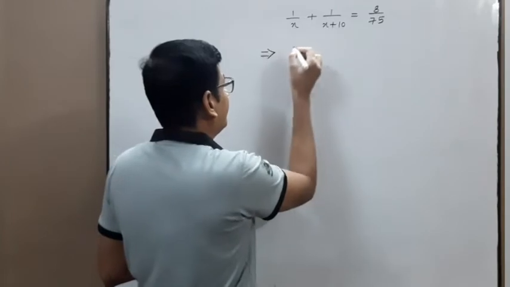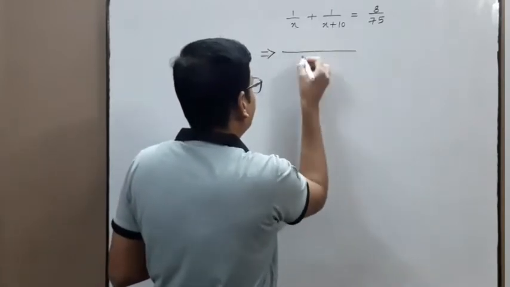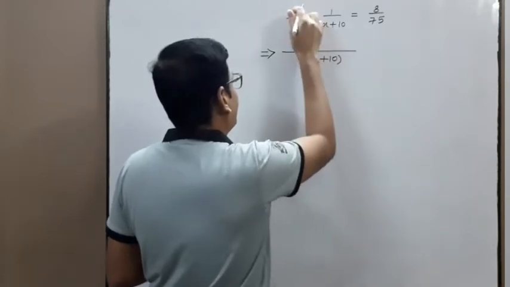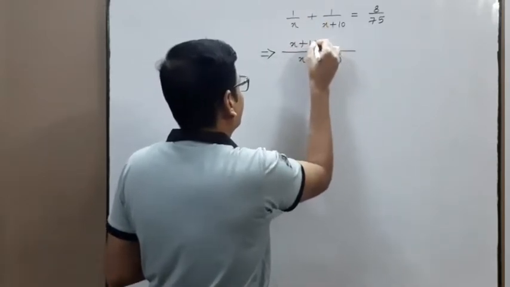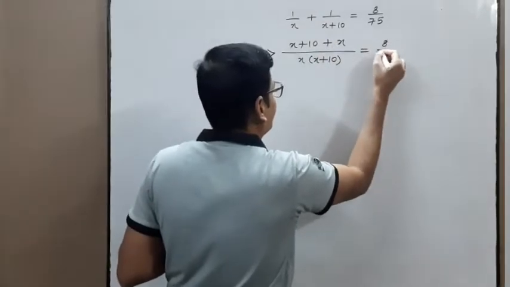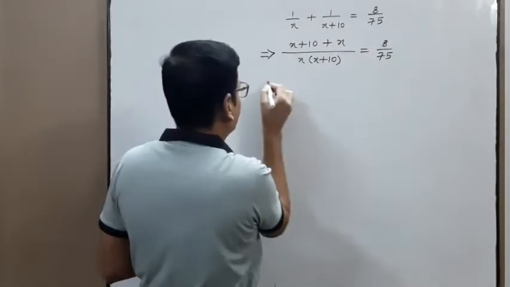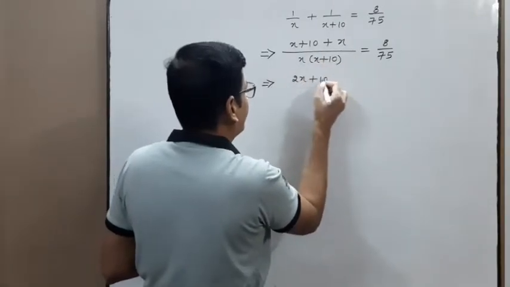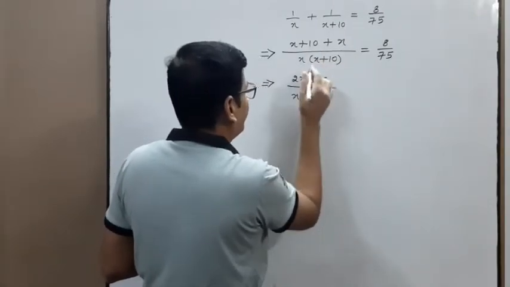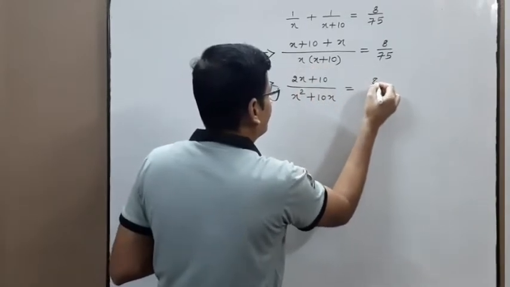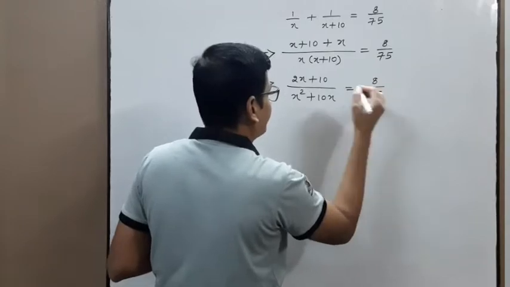Next step, taking LCM. LCM is x into x plus 10. Cross multiply: x plus 10 plus x is equal to 8 upon 75. x plus x, 2x plus 10 upon x square plus 10x is equal to 8 upon 75.